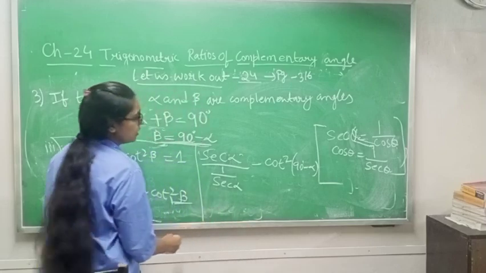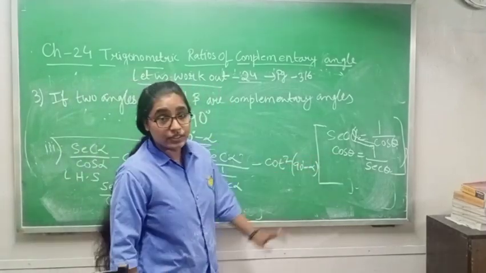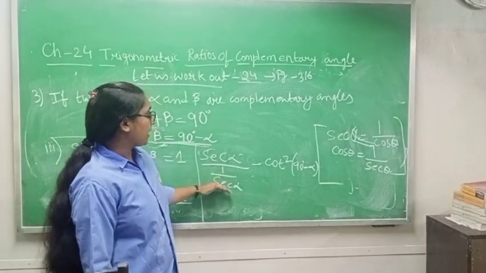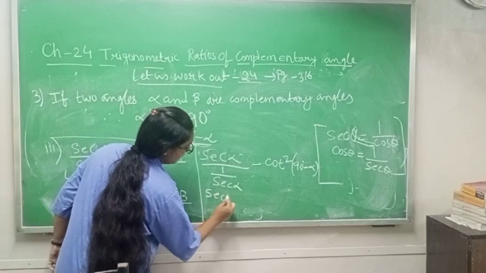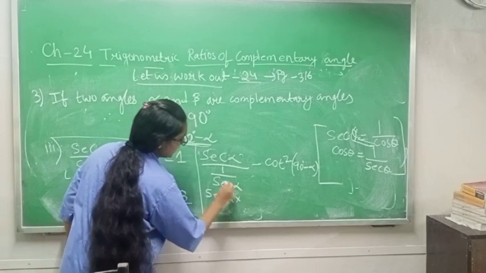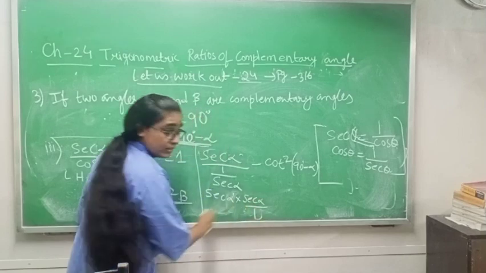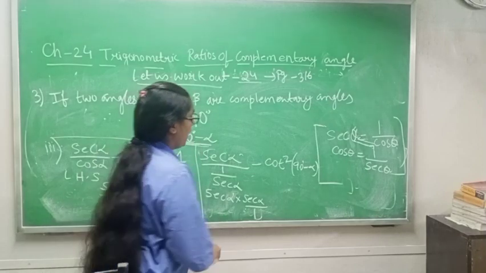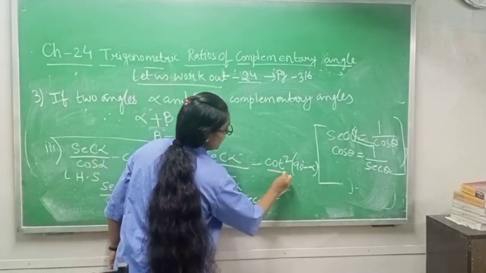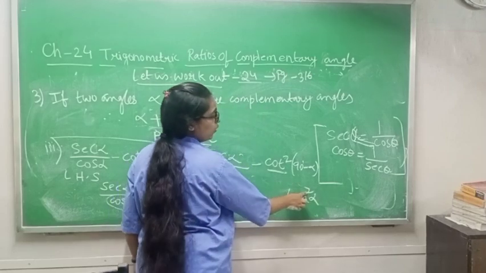Now after this please write this reason. After writing this one, please write the reason why you are writing 1 by sec alpha in place of cos alpha. Now sec alpha will remain as it is, and 1 by sec alpha will convert to sec alpha by 1. You are just reversing that, and you know how to reverse. And this cot will convert to tan alpha, and since you have square you have to give square.